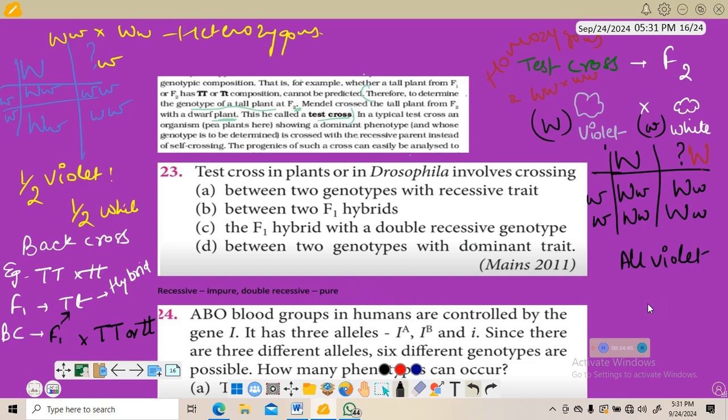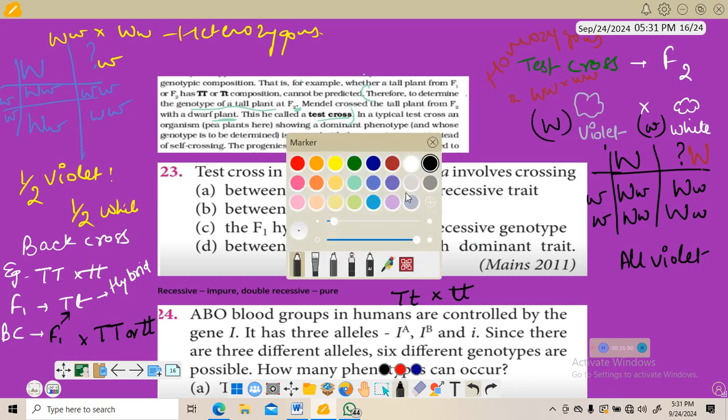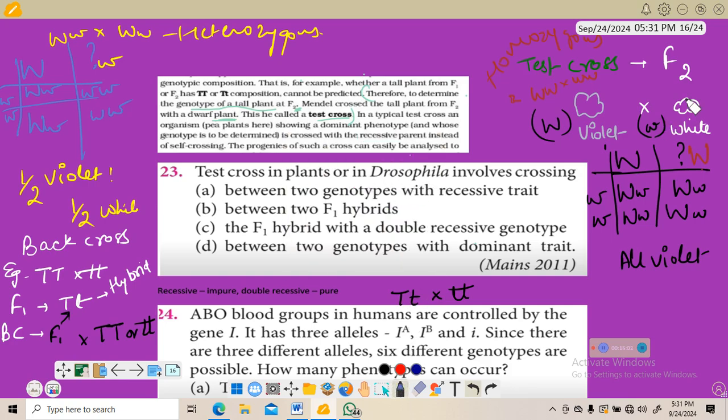Genetically it will be like this. This is hybrid, genetically identical individuals. You can write it like this. So this is backcross. So the main thing is whenever you see the word F2, that means it's related to test cross. If you see the word F1, that's related to backcross.